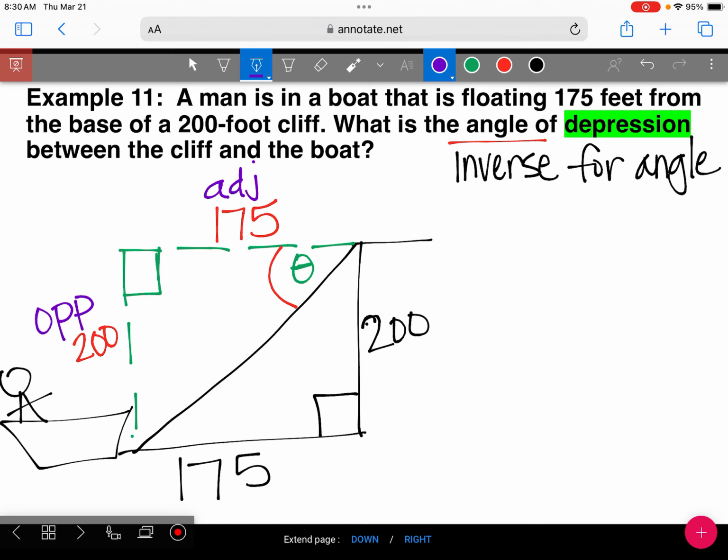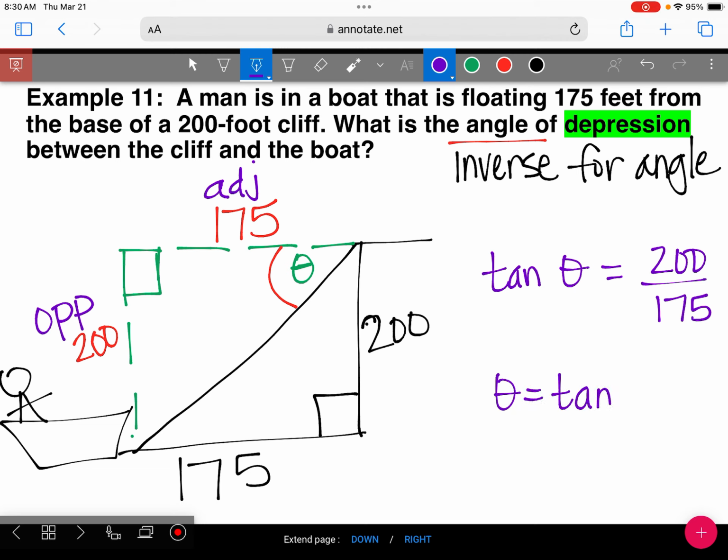So the tangent of theta equals opposite over adjacent, which means that theta is the inverse tangent of opposite over adjacent. So you can go ahead and type that in your calculator. Again, you have to use that inverse key.